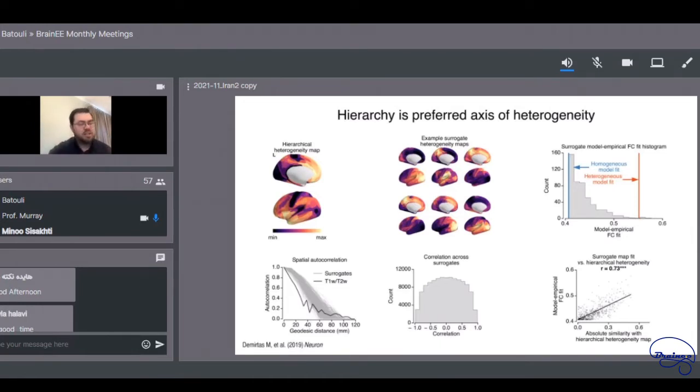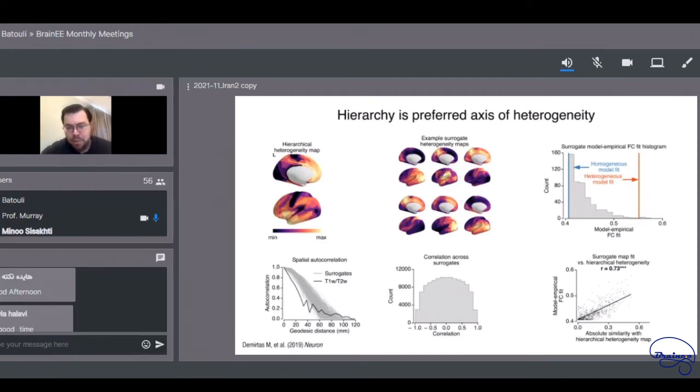If just any axis of variation improves the fit, it may not be special to this hierarchical axis. On the top right is the distribution of all these surrogates in gray. And what you can see is that our heterogeneous model fit is in the extreme few percent of that distribution. In other words, it does better than a random topography.